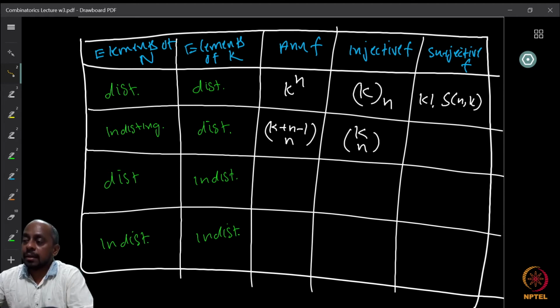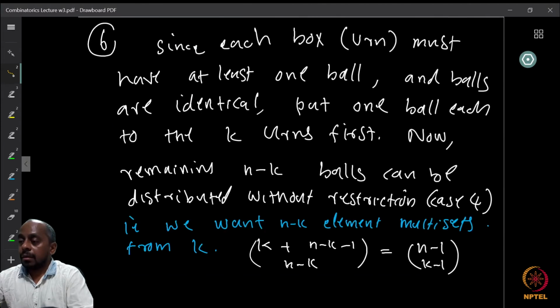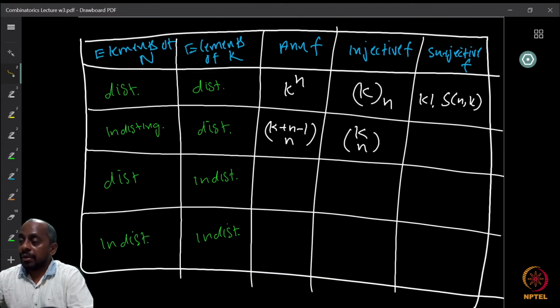Now, what is the next entry? If the function is surjective instead of injective, then what can we say? Each box or each urn can get at least one ball.